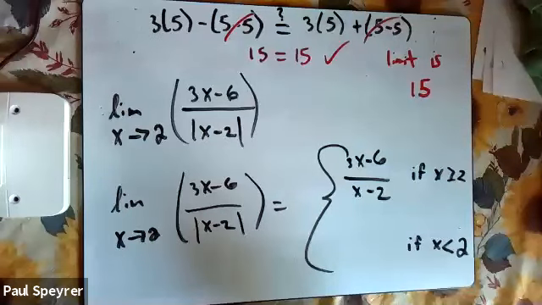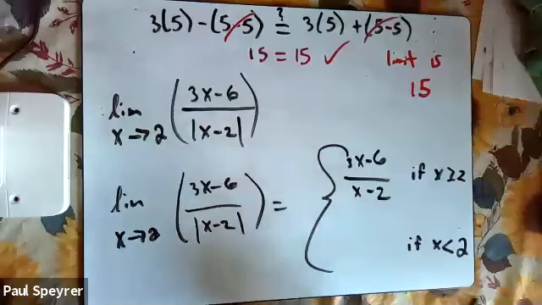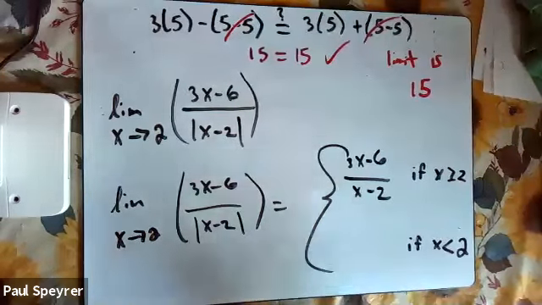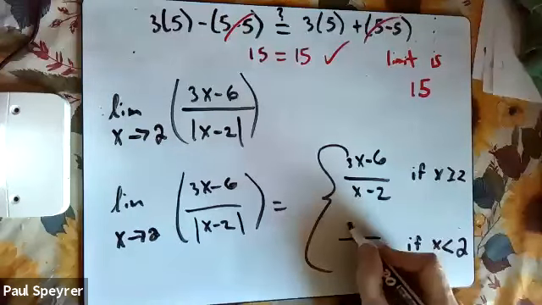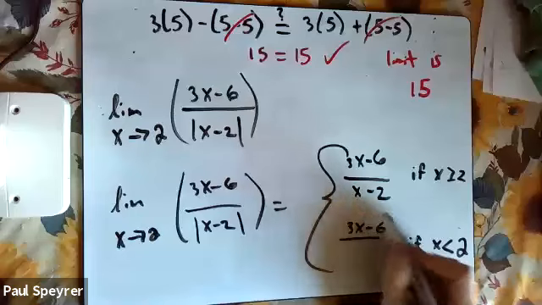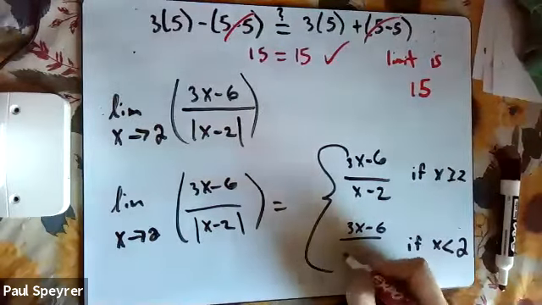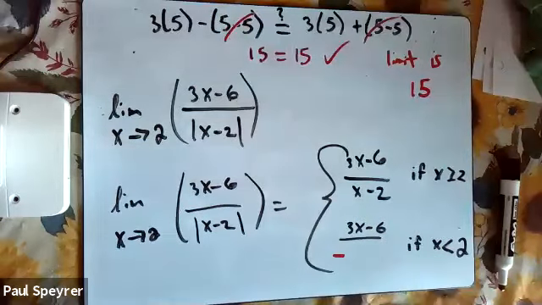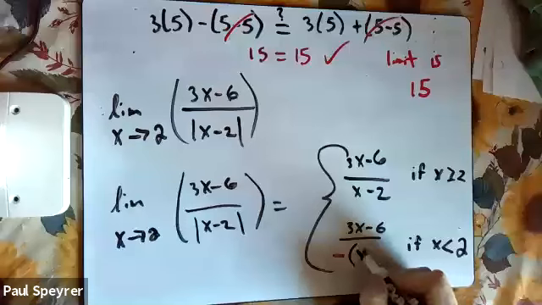Now for the second one, we multiplied a negative into that stuff and kept everything else outside of it the same. So up top we still had 3x minus 6 because it wasn't inside absolute value. But on the bottom, we need to multiply a negative. We said negative stuff like this.